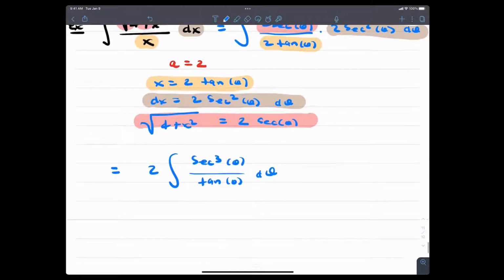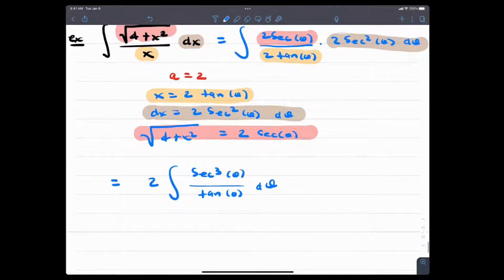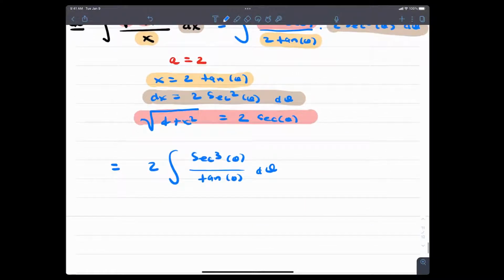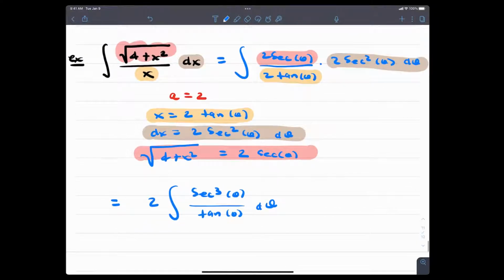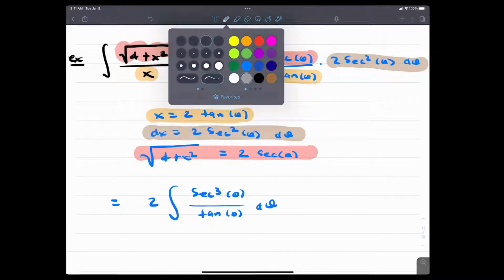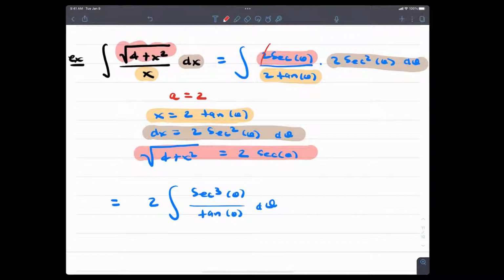All right, so we can see this now. You might look at this and say, okay, so I got the 2 because up here, one of the 2's went away. I guess that's the easiest way to say it. So you still have a factor 2. We pull it out, and then you get secant cube over tangent. Now, you're going to look at this and go, wait a minute. We didn't talk about secant cube over tangent.